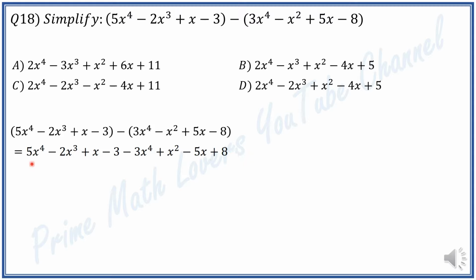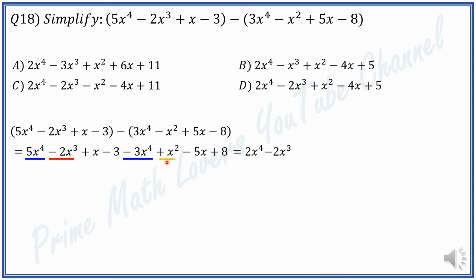Now we add the same exponent terms together. We have 5x to the power of 4, and here we have negative 3x to the power of 4. So we get 2x to the power of 4, since 5 minus 3 is 2. Then we have minus 2x cubed. We don't have any other x cubed, so we write it down, minus 2x cubed.